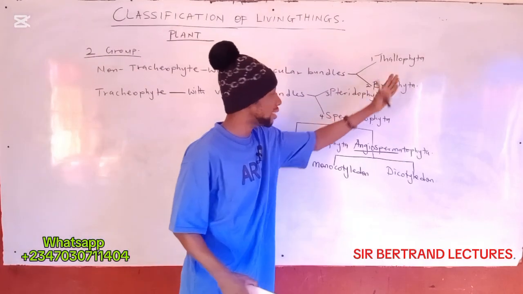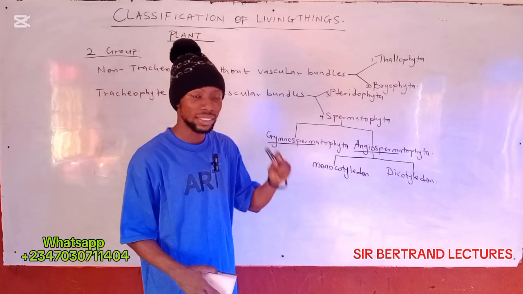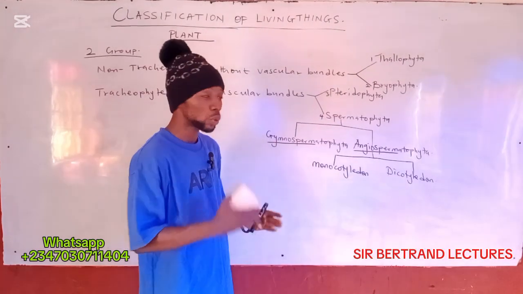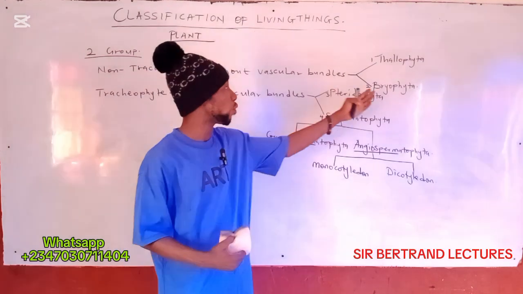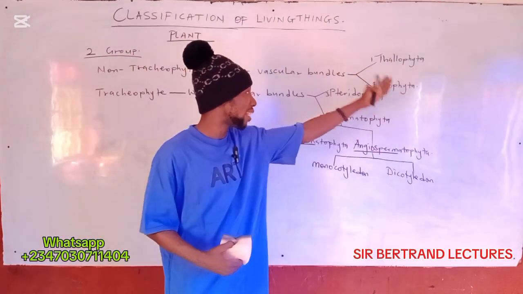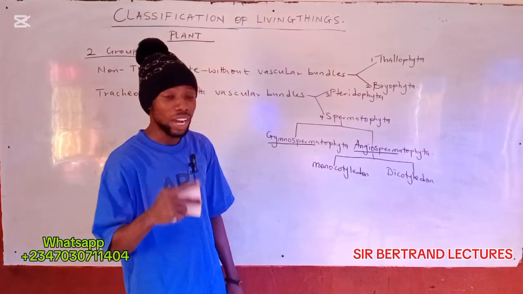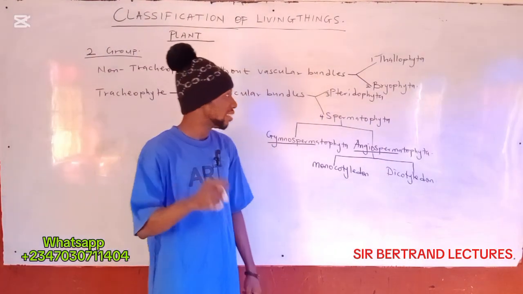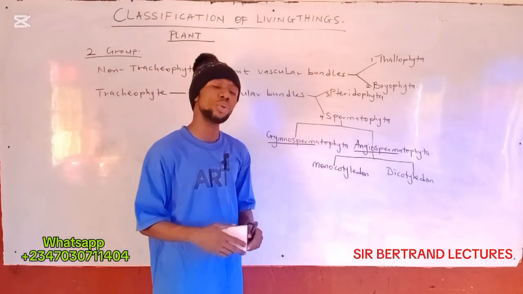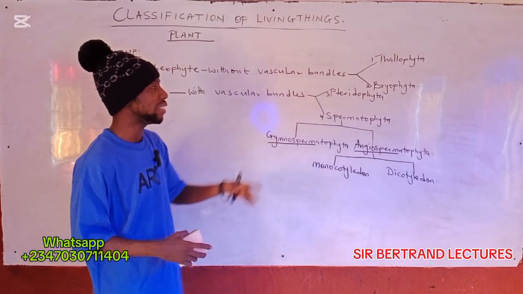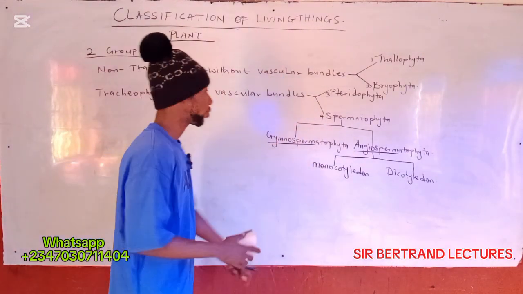These possess no vascular bundles, and these possess vascular bundles. But we have some other features that make plants be classified as Thallophyta, Bryophyta, Pteridophyta, and Spermatophyta. In this video, we will look at these characteristics and examples of organisms classified into these four divisions.